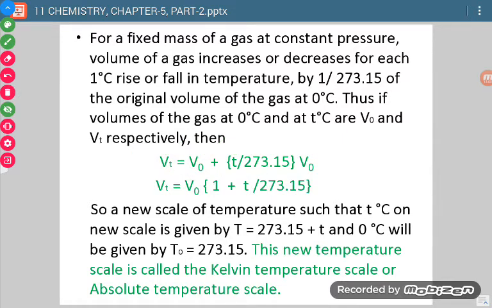Now if we rearrange it, then we can write it like this: Vt is equal to V naught within bracket 1 plus T by 273.15.